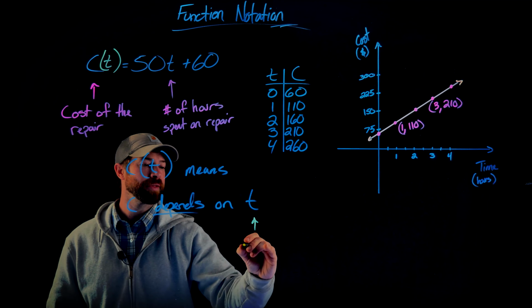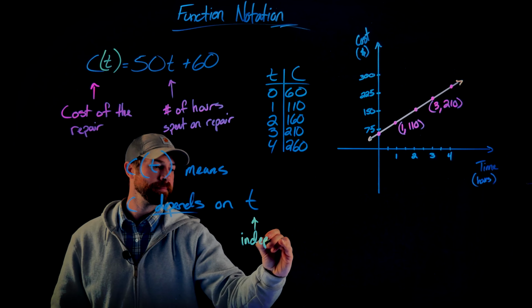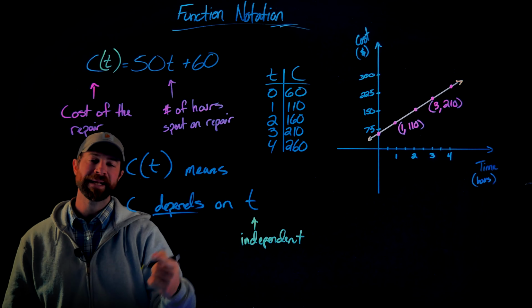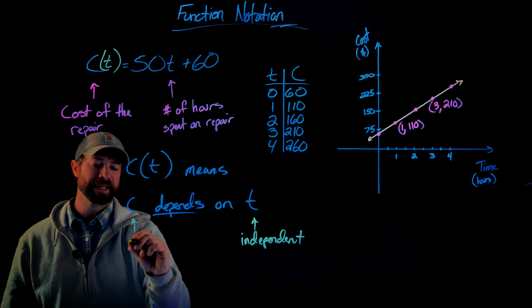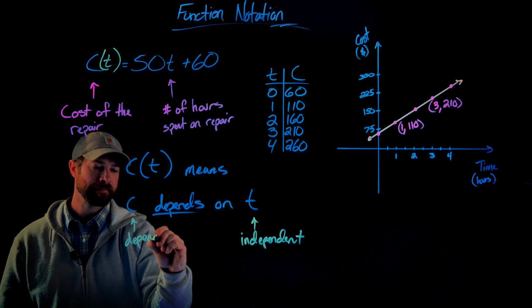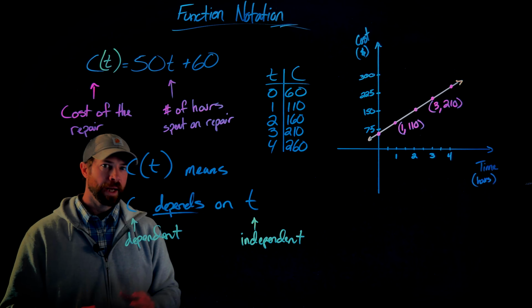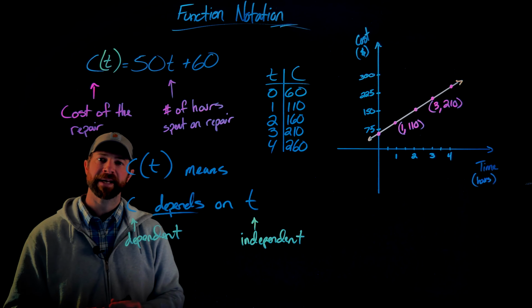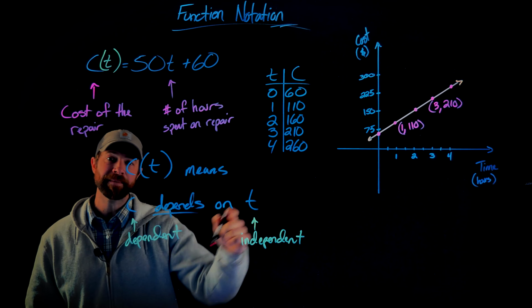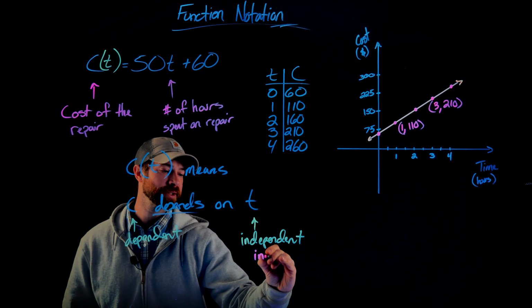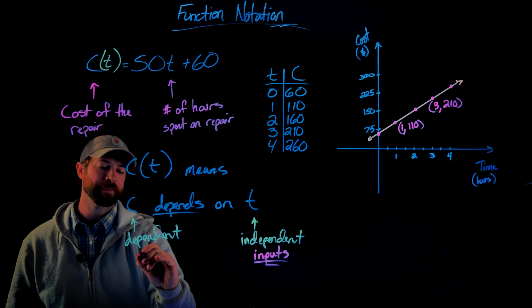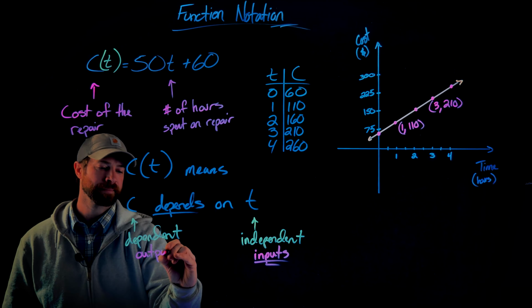T is called the independent variable, and c, which depends on the amount of time, is called the dependent variable. As we move forward, another way of talking about independent and dependent variables, we think of independent variables as inputs, and we think of dependent variables as outputs.